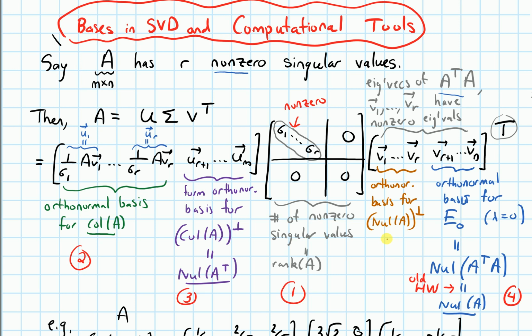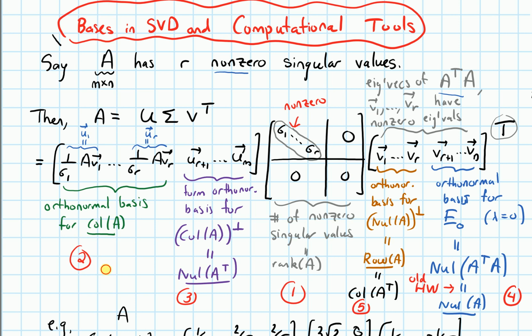But the null space of A perp, we've seen before, is the row space of A. And the rows of A are the columns of A transpose. So the row space of A is the same thing as the column space of A transpose. And that is step 5 in my thought process.